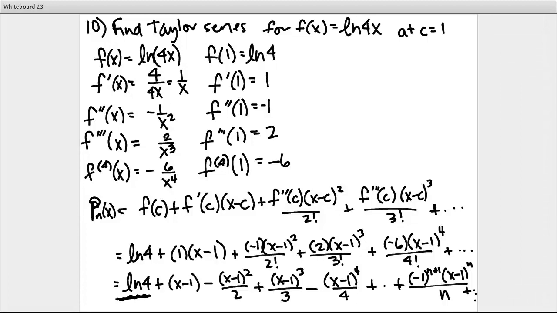It's not a big deal if the first term doesn't match the rest of the terms. There's no way to get the natural log of 4 from it. So it's like the natural log of 4 and then plus the rest of this. But notice that as soon as I plug in a 1 into n, I need a positive in front, and I need the negative when I plug in a 2, which is why I chose the n plus 1 exponent on the negative 1. Okay.